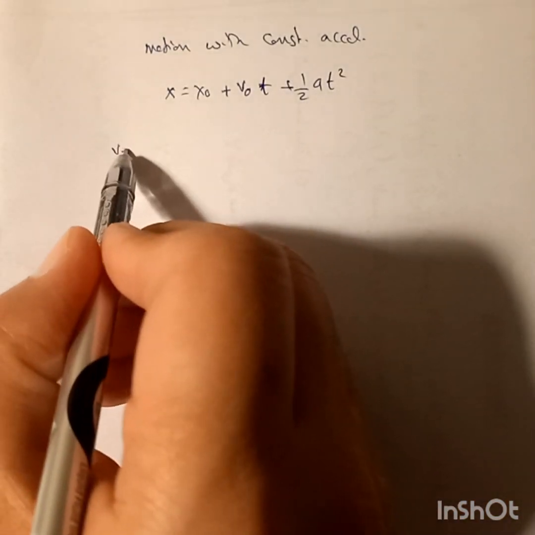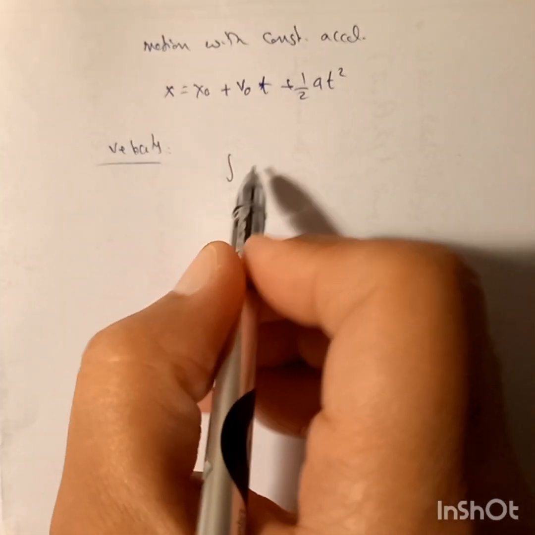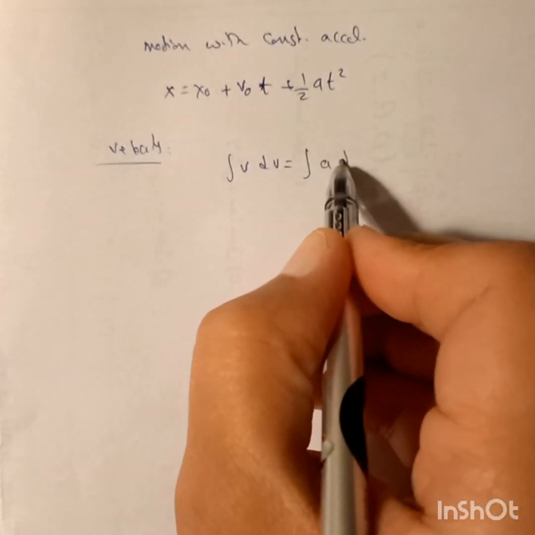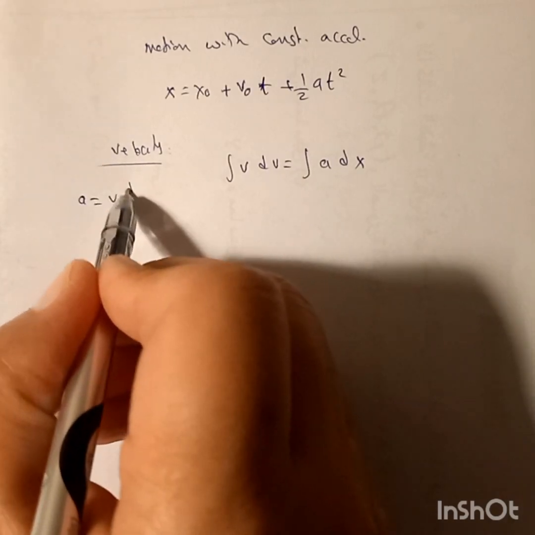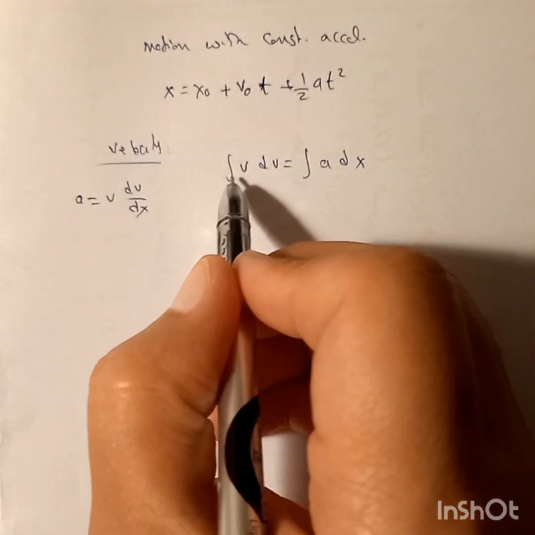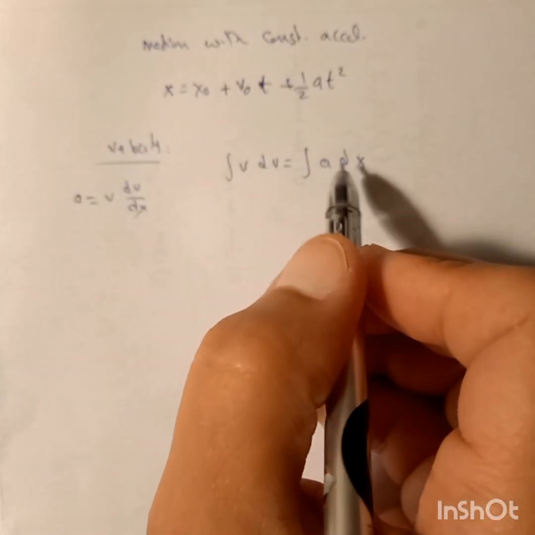Now for the velocity, we can find it as the integral of v dv equals the integral of a dx. As we have a equals v dv dx, then we can find this relation: the integral of v dv equals the integral of a dx.